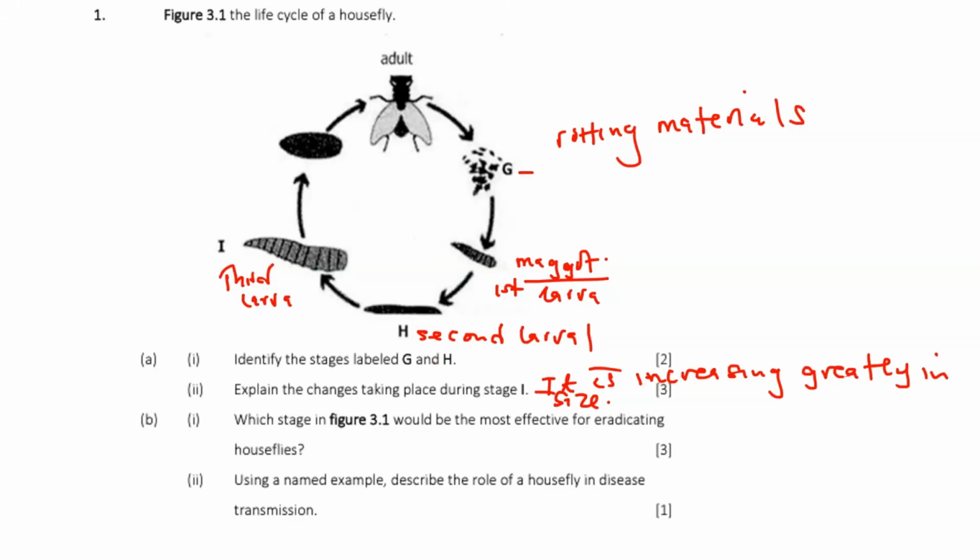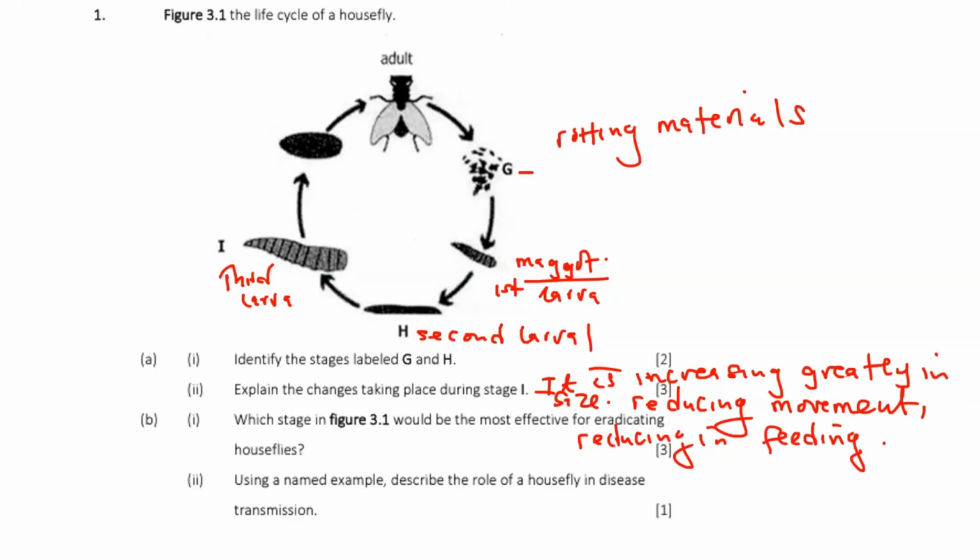Then of course it is reducing in movement, or it becomes stationary. Also you can talk of reducing in feeding. As you know, it feeds by sucking nutrients from the rotting material. So that is what basically happens.